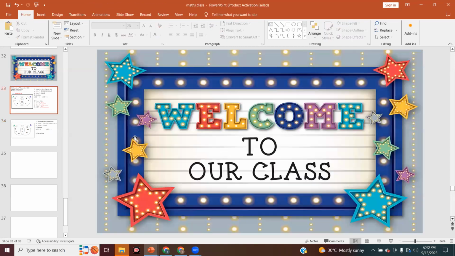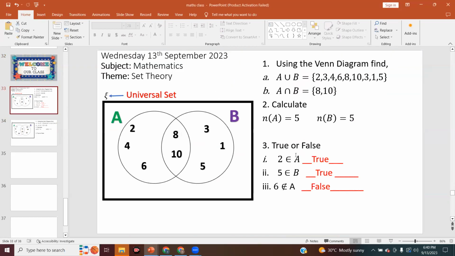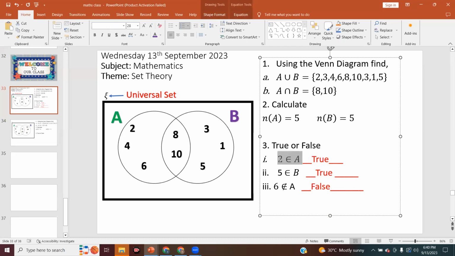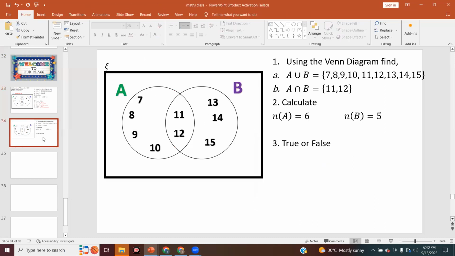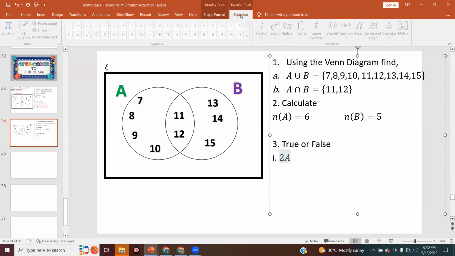So now let's look at the true or false questions. Let's call this I. I don't want to use this notation, let's use this notation.